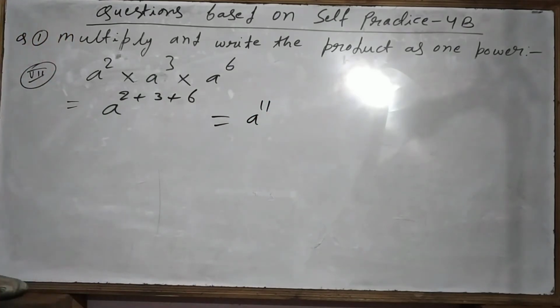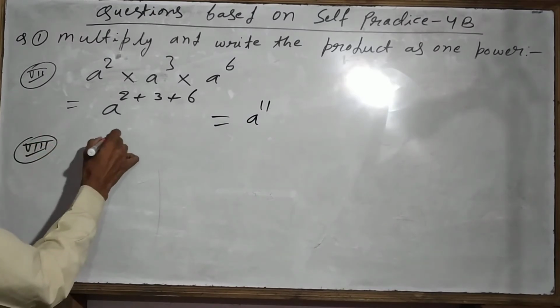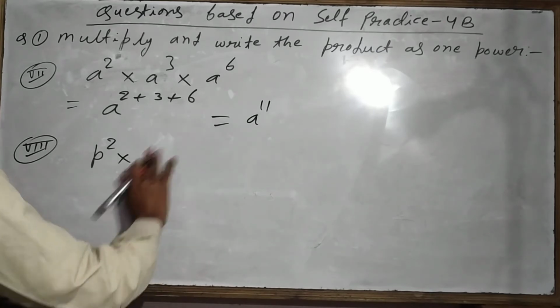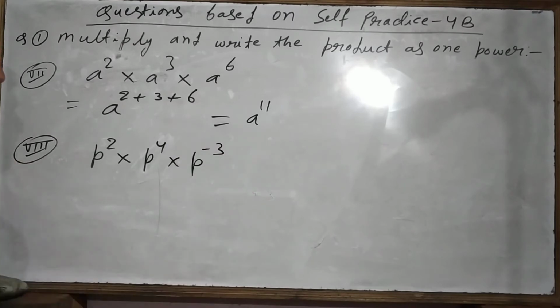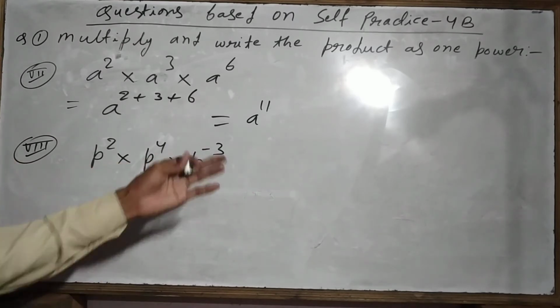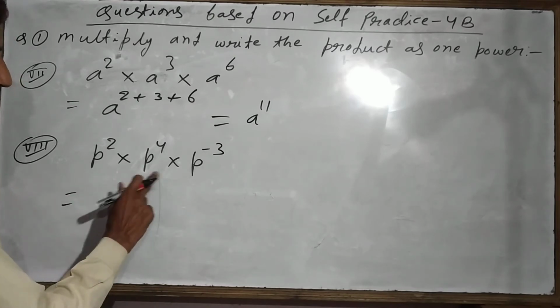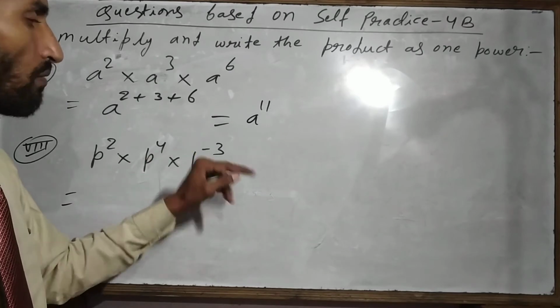Okay. Next one, the eighth one, p square into p power 4 into p power minus 3 like this. Sometimes a question will come like this also. So just you see here, all three have the same base and the power is different: 2, 4 and minus 3.